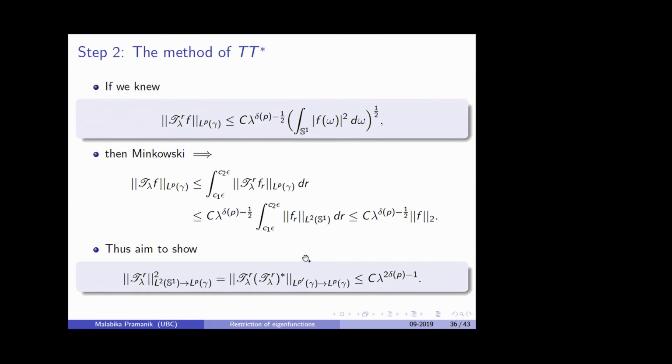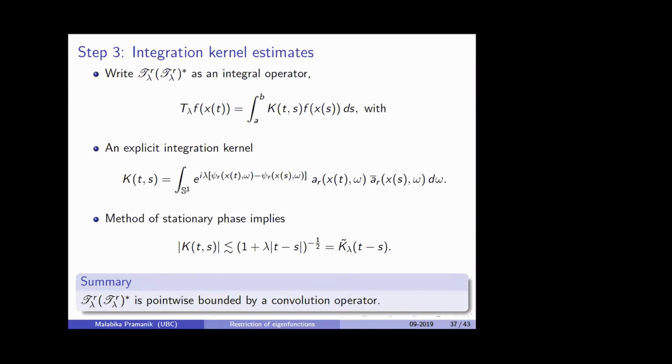By the method of TT star, this is equivalent to showing that TT star is bounded from LP prime of the curve to LP of the curve, with the right growth, of course. The third step takes a closer look at the operator TT star by writing down its integration kernel. This kernel is an oscillatory integral with a non-degenerate phase function.